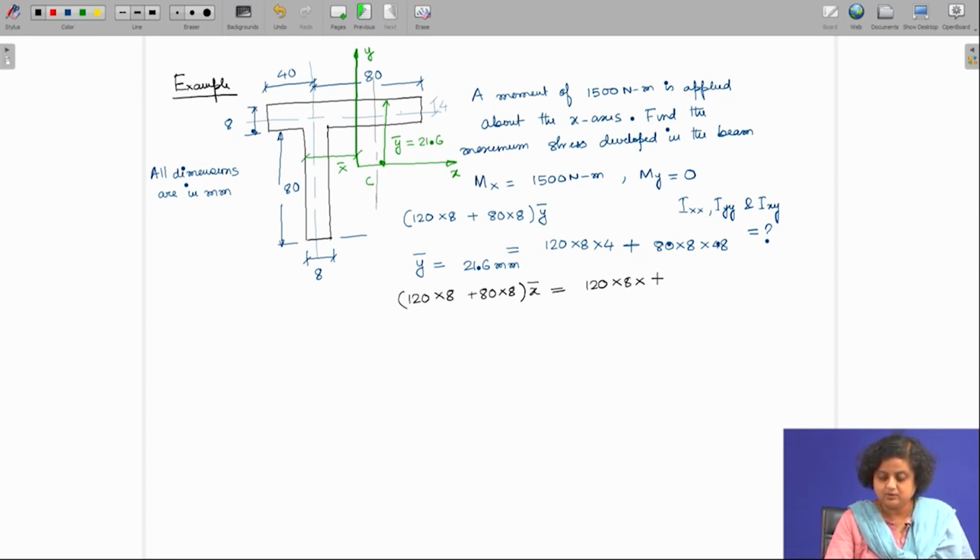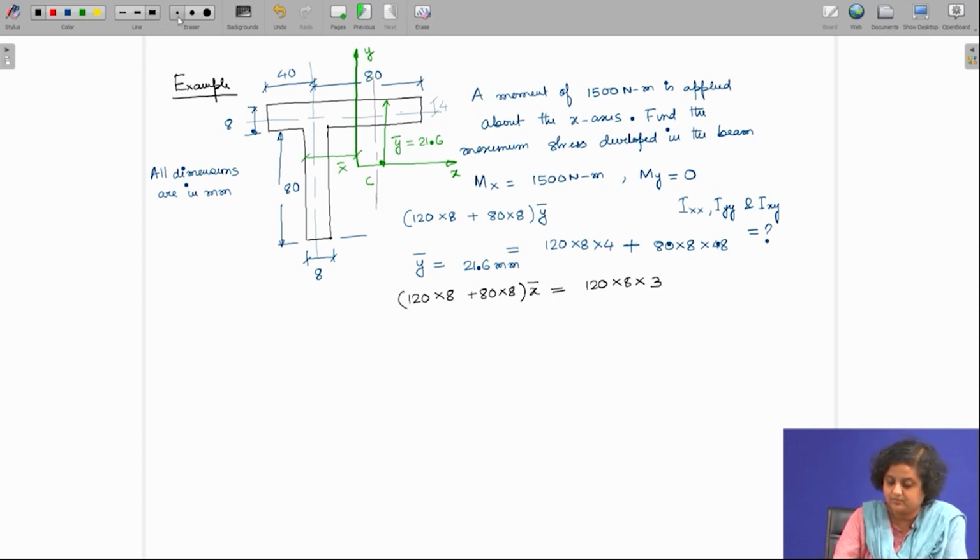and that is going to be equal to 120 into how much do we have? We have 20 plus 20 plus 4, sorry.